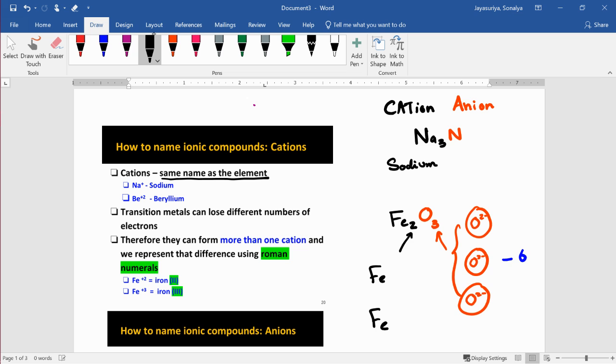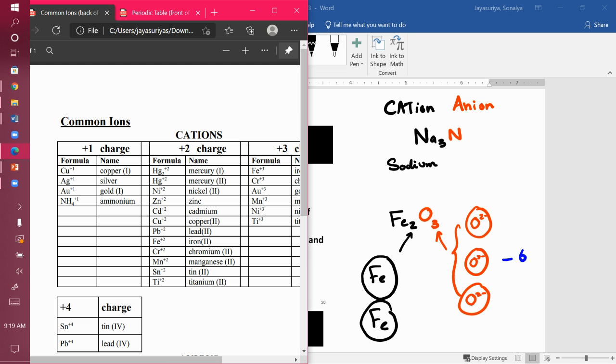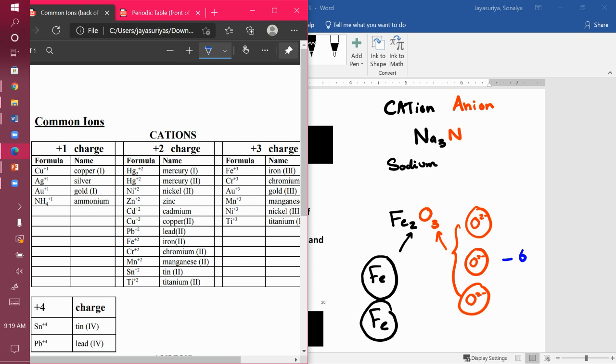Fe, Fe. Iron is a transition metal. So if you look at the back of your periodic table, you'll notice that there is iron 2 right there, and there's also iron 3. So we have to figure out which iron is forming this compound.